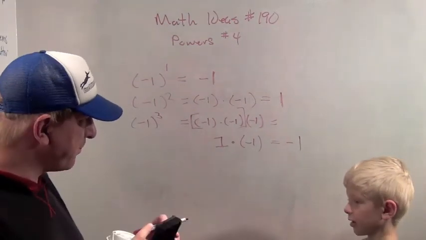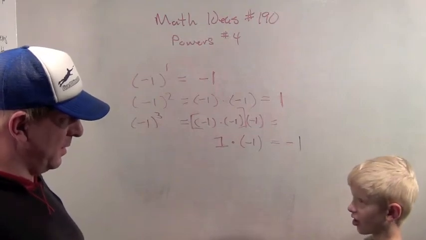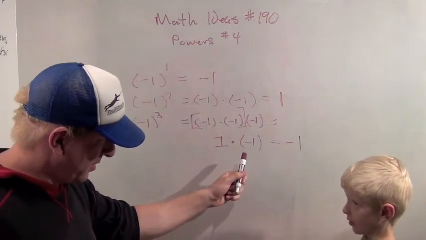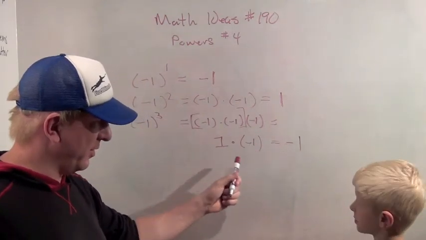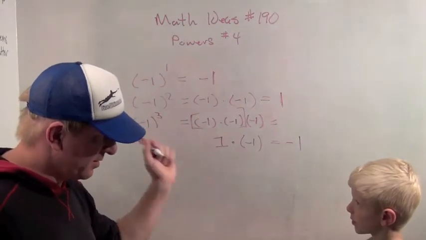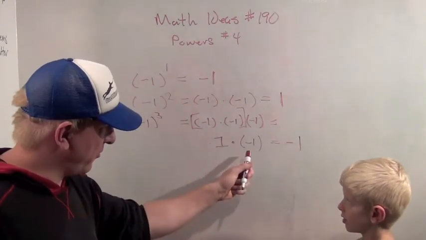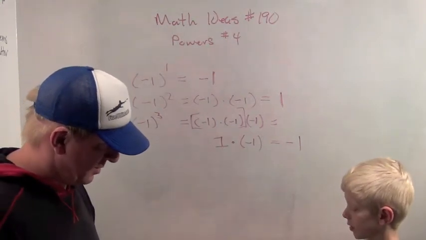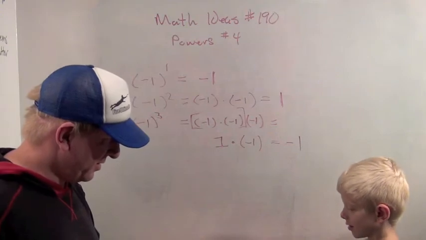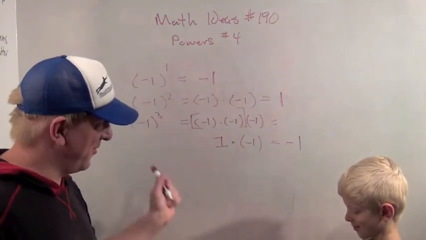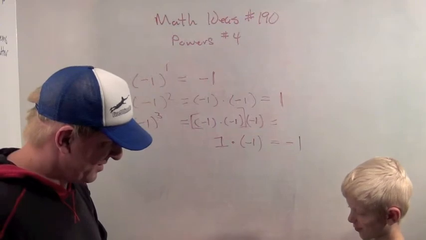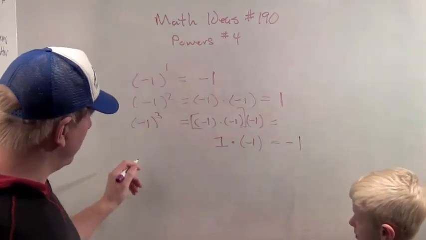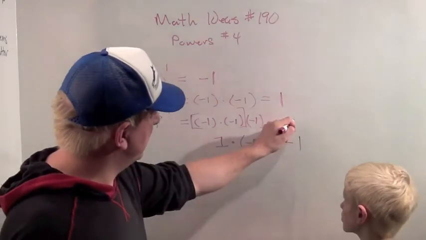Because 1 times anything is just itself. So 1 times 10 is 10. 1 times -3 would be -3. 1 times 1,000 would be 1,000. 1 times giraffe is giraffe. 1 times hippopotamus is hippopotamus. 1 times anything is just that one thing. So -1 cubed is -1.